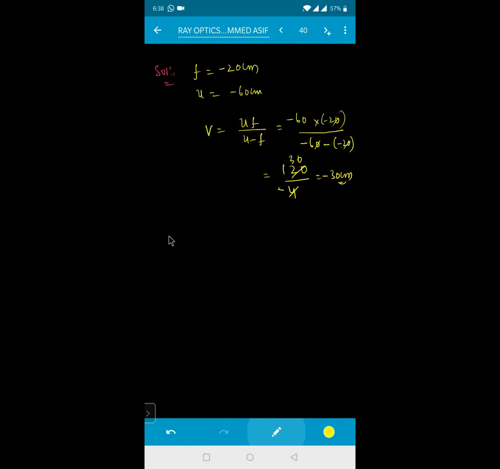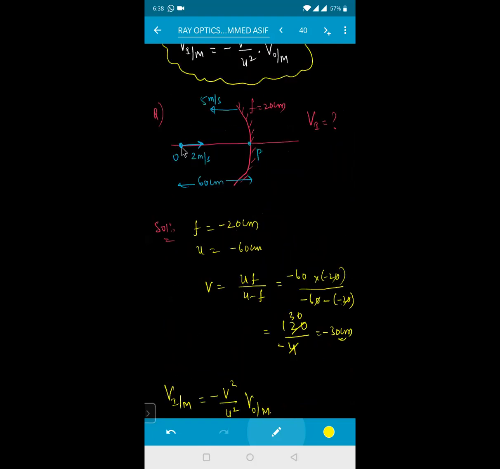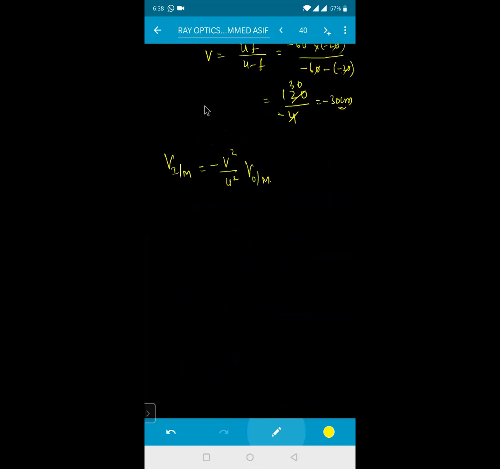So I can use the formula: velocity of image with respect to mirror is equal to minus V square divided by U square into velocity of object with respect to the mirror. So sign convention, beta: in the direction of the light it is positive, opposite to the direction of the light it will be negative. If the object is moving in this direction, the image is moving in the opposite direction. So the sign convention will become negative.